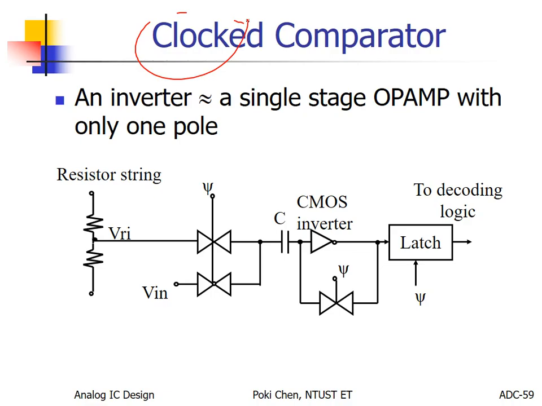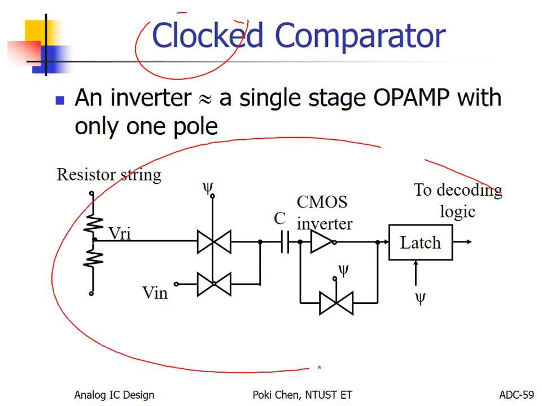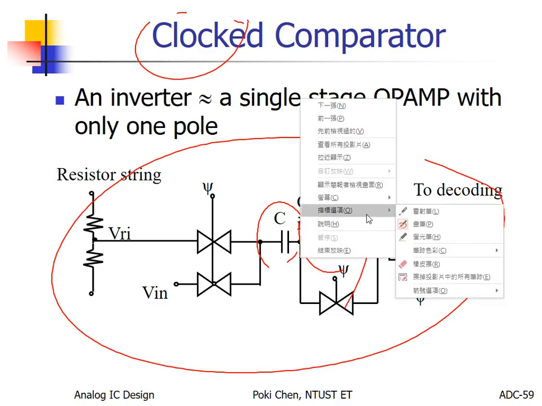So you can see the overall structure looks like this. From the beginning, you can put the VOS of such kind of inverter on the capacitor. That is for the so-called auto zeroing. Anyway, for auto zeroing, I will explain later.